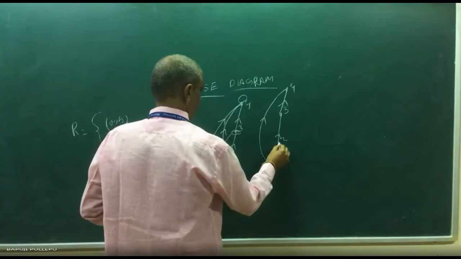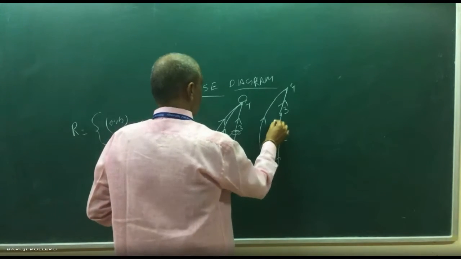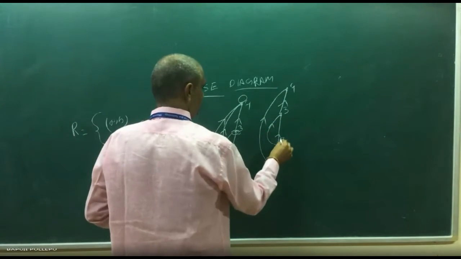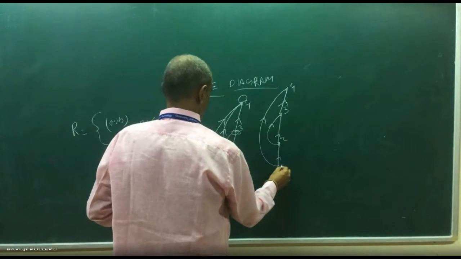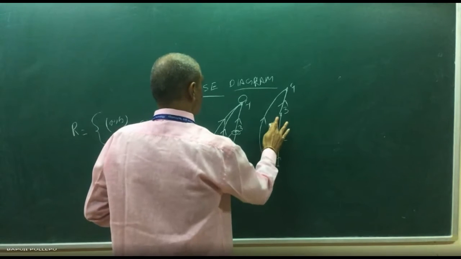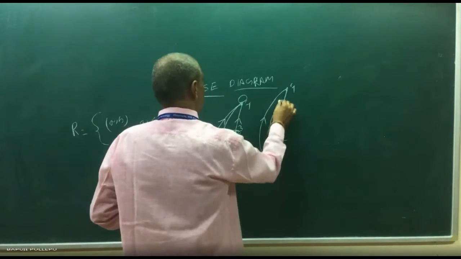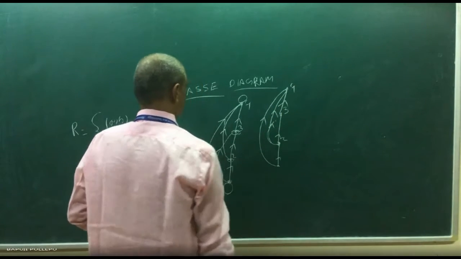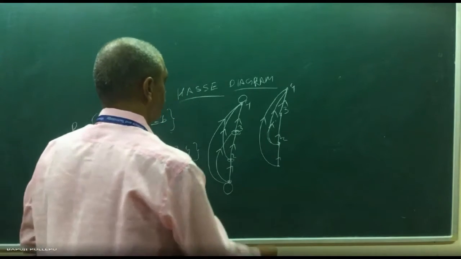Then 2 to 3 you will get. Then 1 to 4, 2 to 3. So 2 to 3 is there. 2 to 4 you will get. Then 1 to 3 you will get.